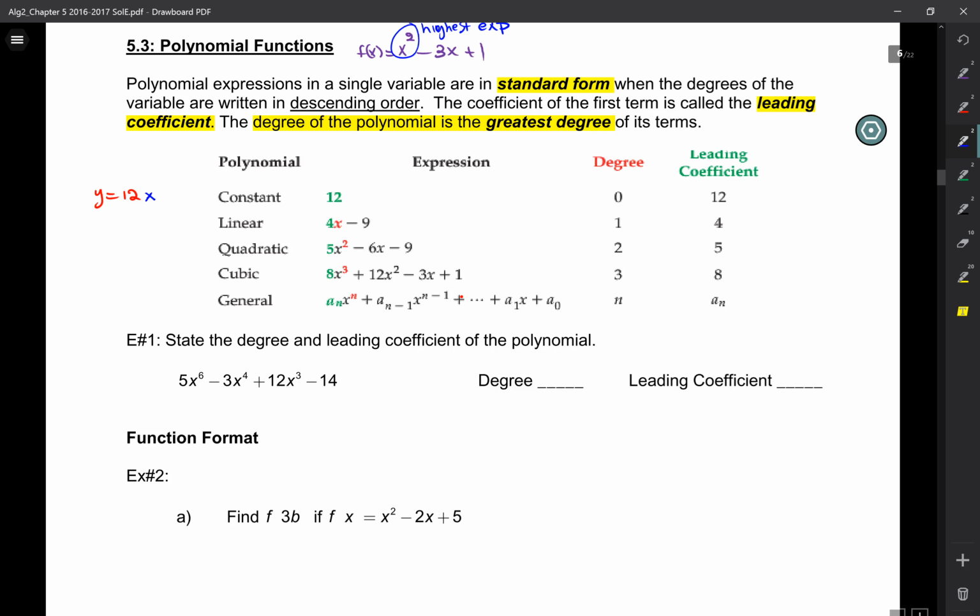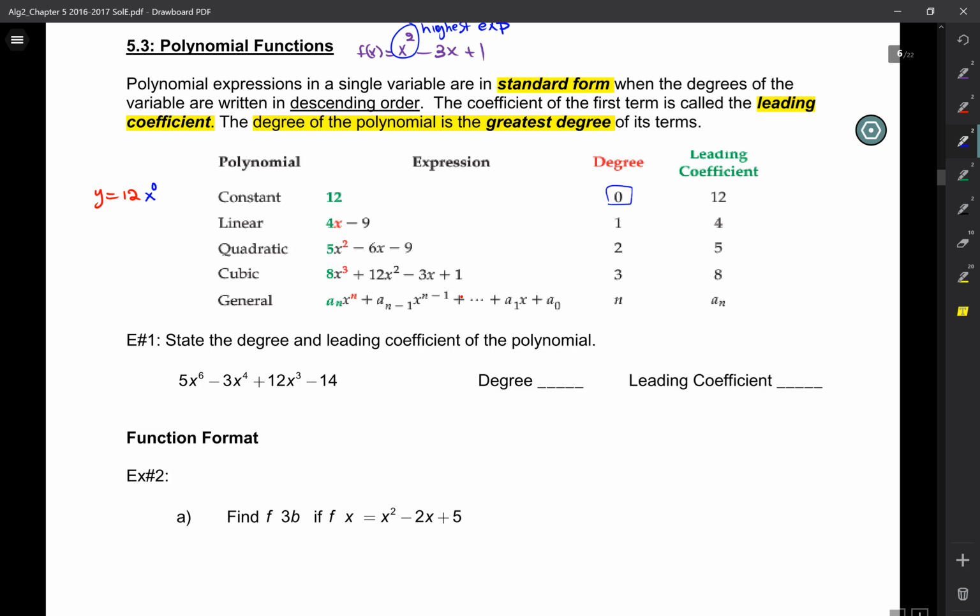The variable here is really x to the power of 0. What's anything to the power of 0? 1. So here, there is a variable. The exponent of it is 0, so we just don't happen to write it. So the highest exponent here is a 0. That's why we say that the degree of this is 0.